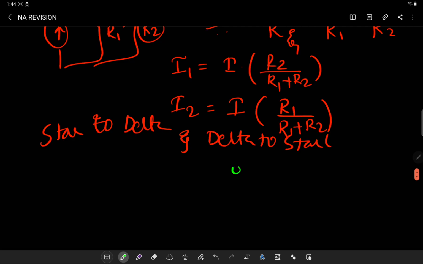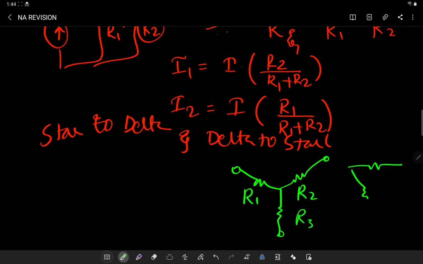So the student has to remember this notation: R1, R2, R3, RC, RB, RA. So I can simply write RA, which means this particular element.